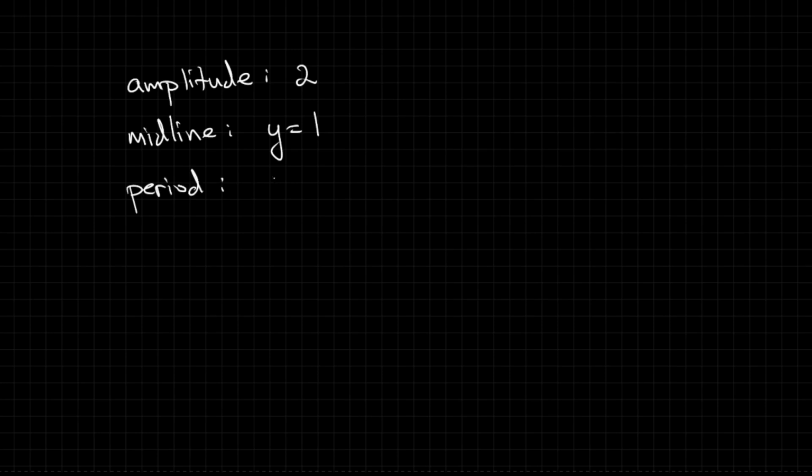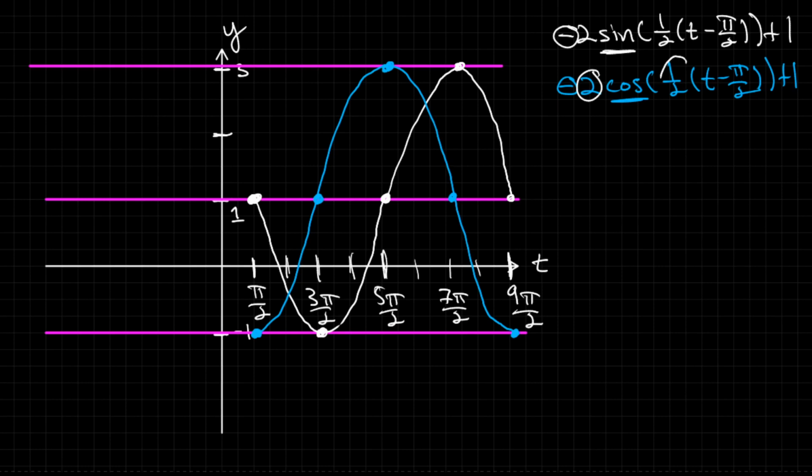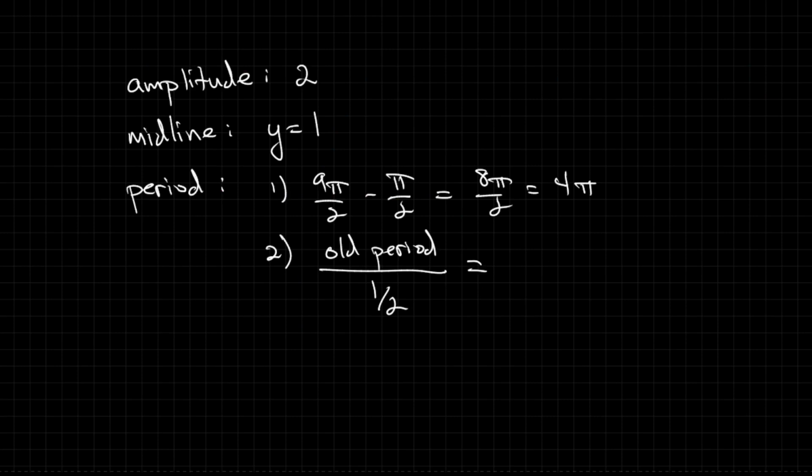you can find out two ways. The first way by doing the last minus the first, which would give you 8 pi over 2, which is 4 pi, or the way which doesn't require you to sketch the graph, which is by doing the old period divided by the number that's multiplying here, so divided by 1/2, and that would be the old period is the period of the parent function, 2 pi, divided by 1/2, which would be 4 pi again.